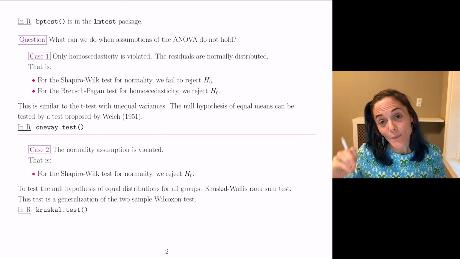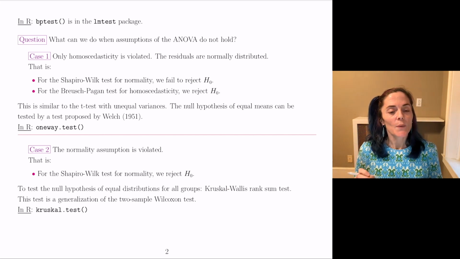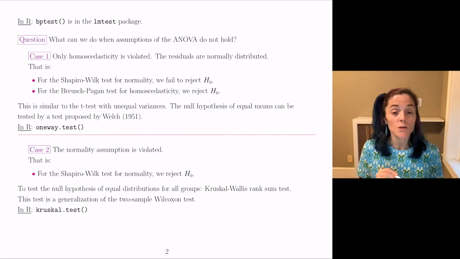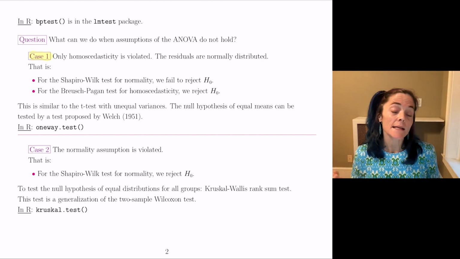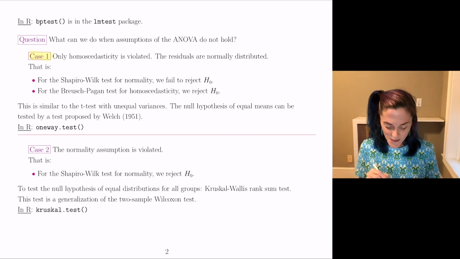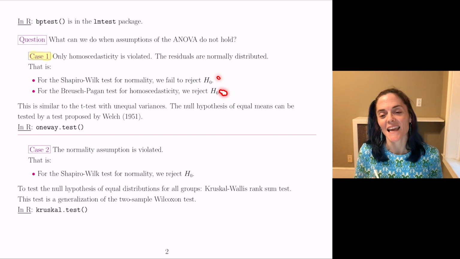Okay, so far we know how to test if the model assumptions hold, but what do we do if they do not hold? Well, the first case, let's say it's only homoscedasticity that is violated. What that means is that the residuals are still normally distributed. So if we run our two tests, for the Shapiro-Wilk test, we will fail to reject H0.